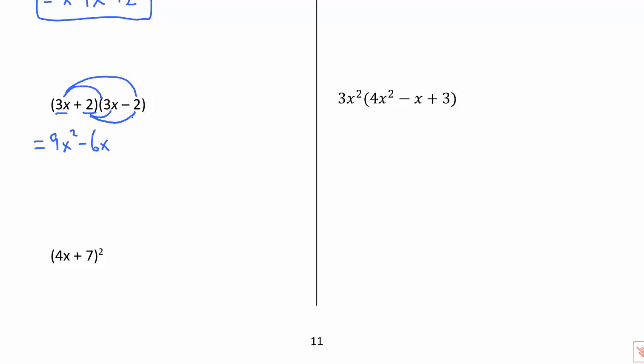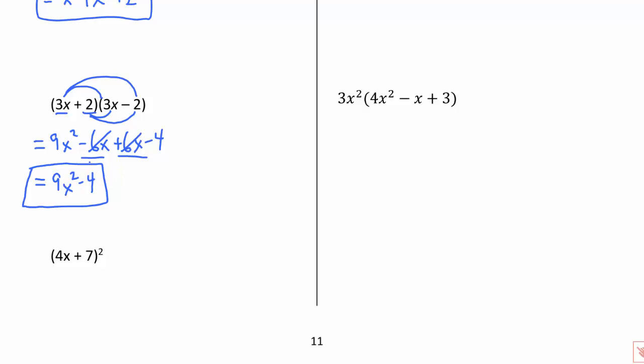Then I'm going to take this 2 and distribute here. 2 times 3x is plus 6x. And 2 times negative 2 is negative 4. Notice that negative 6x plus 6x cancel, and all I'm left with are the 9x squared and minus 4 terms.